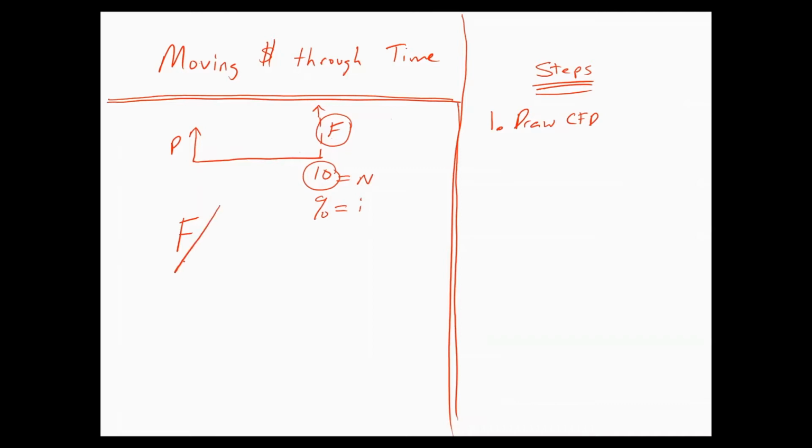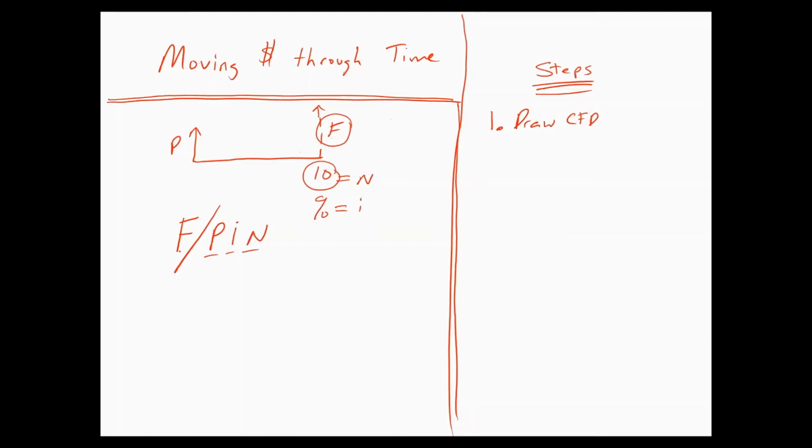So we say F is what we want to know. We are given P, which is the initial amount, and we are given the I, which is the interest rate, and we are given the N. In this scenario, if we know P, I, and N, we can always calculate F. That's one of the things we'll be doing in a few minutes.